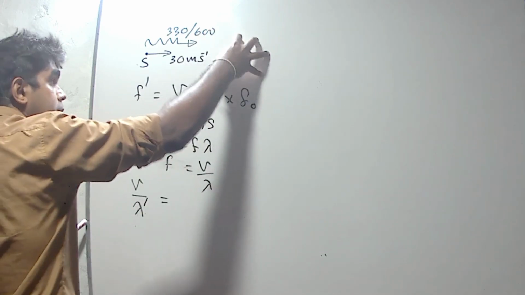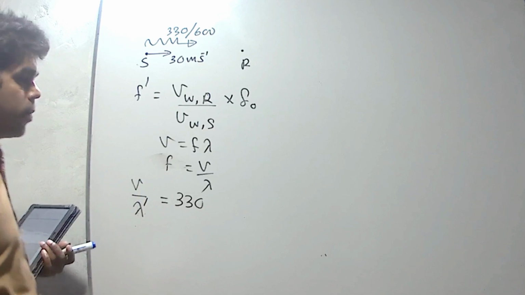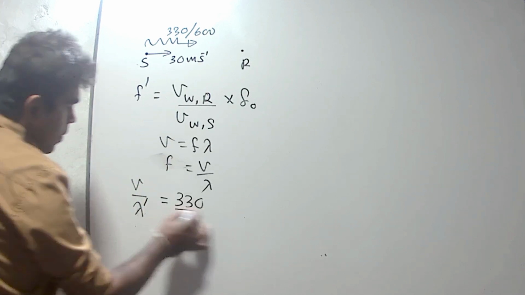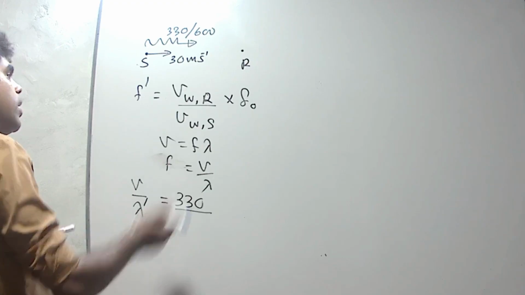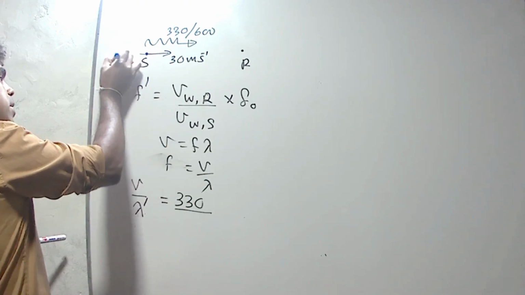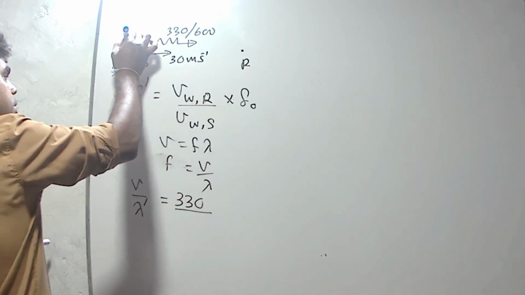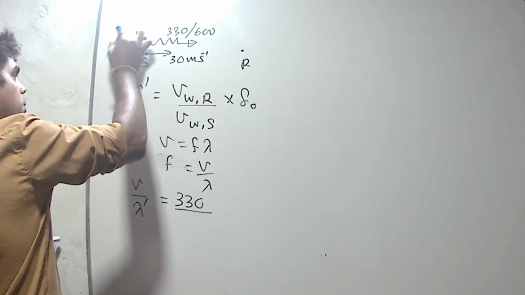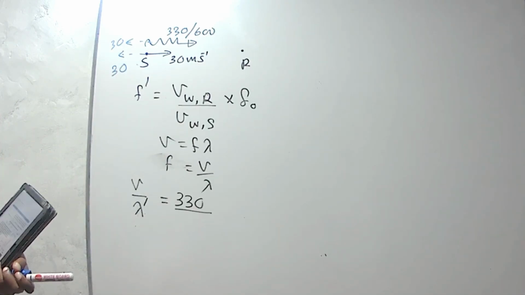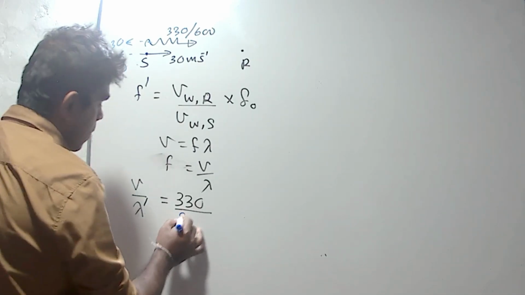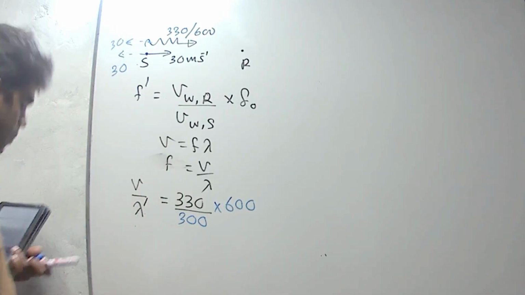The receiver is at rest, therefore he can observe the real velocity of wave, divided by the velocity of wave relative to source. We have to get that the source is at rest. It means we have to give the opposite velocity for the source, and we have to do the same thing for the wave. Then 330 and 30 in opposite direction. We have to subtract, 300, multiplied by the real frequency 600.